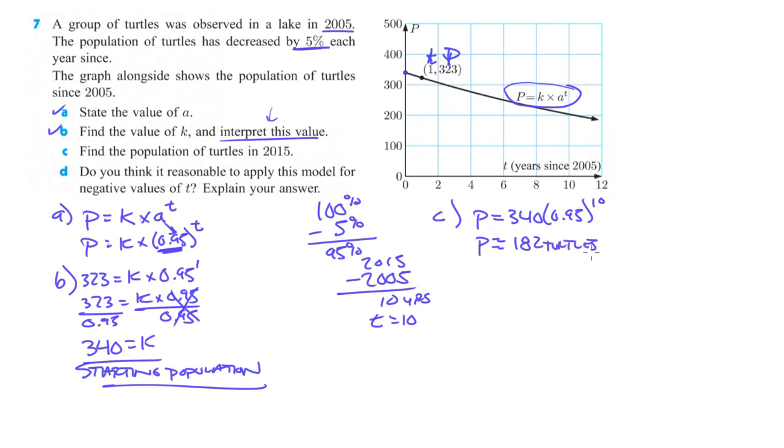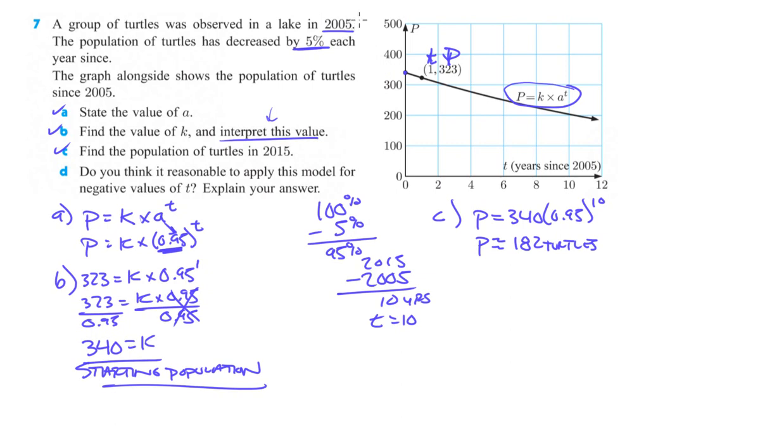Okay. And then part D, do you think it's reasonable to apply this model for negative values of T? Explain your answer. This is a tricky one because when you go to negative values of T, that's negative time. But really that just means time before 2005.